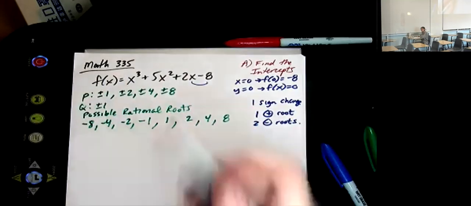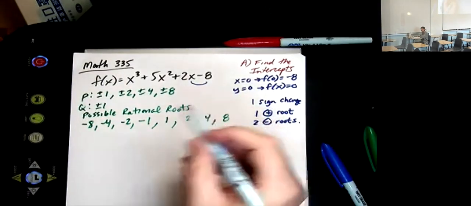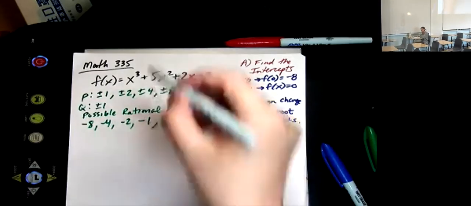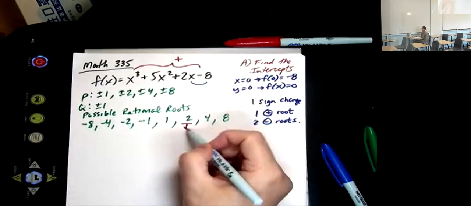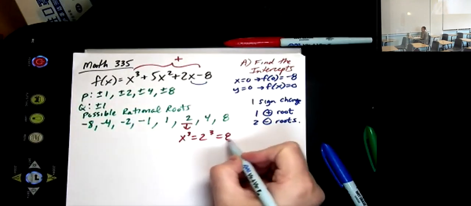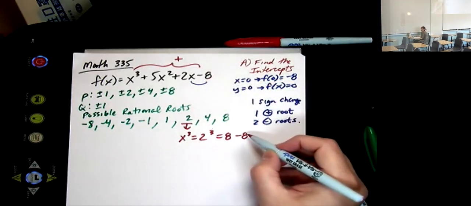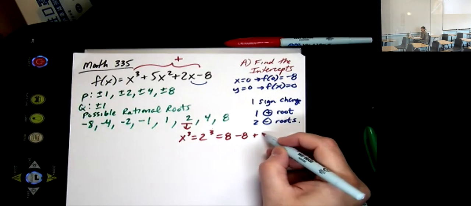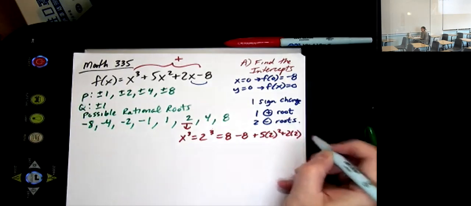I'm going to try x equals 1. Let me write that logic down real quick though. So these are all positive. Even if I start here, 2 cubed is 8. I have a minus 8 at the end, and then I have a plus 5 times 2 squared plus 2 times 2.